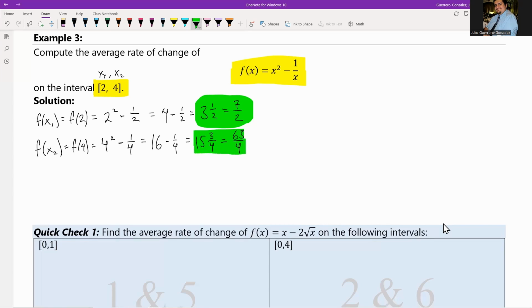Now I'm going to do my f of x2 minus f of x1 all over x2 minus x1.